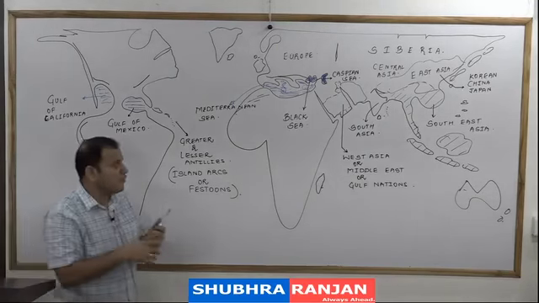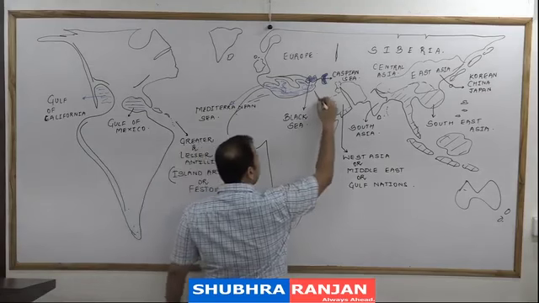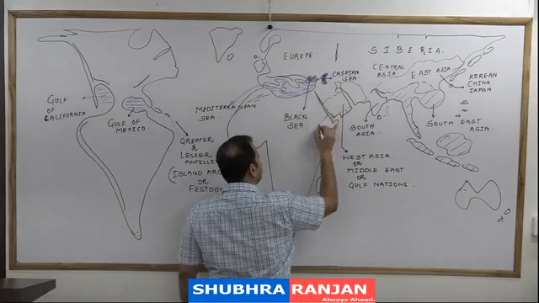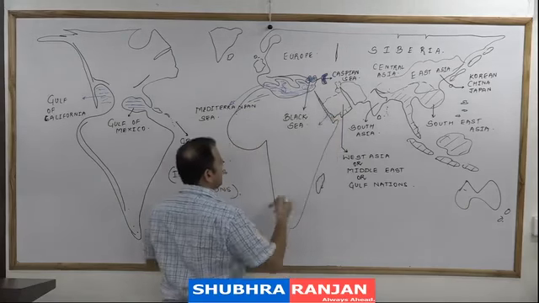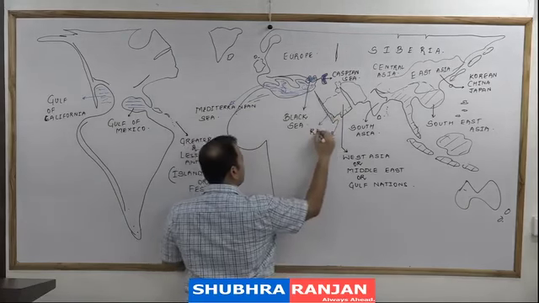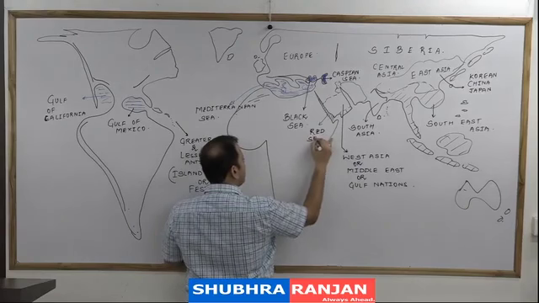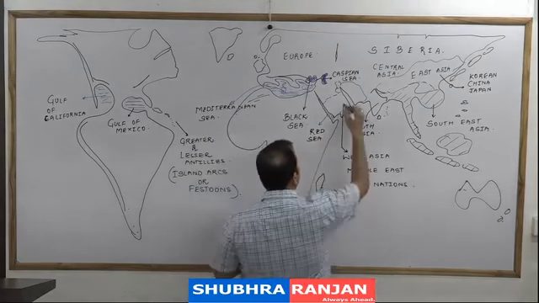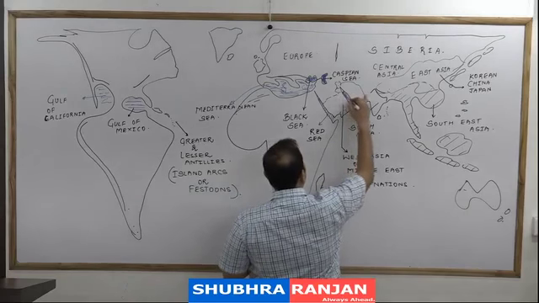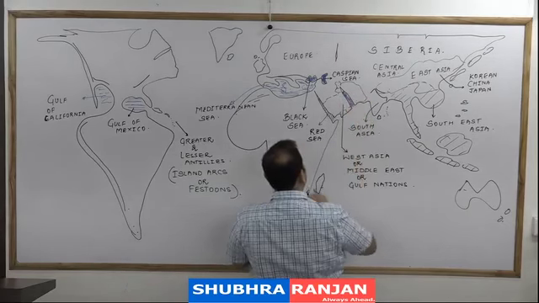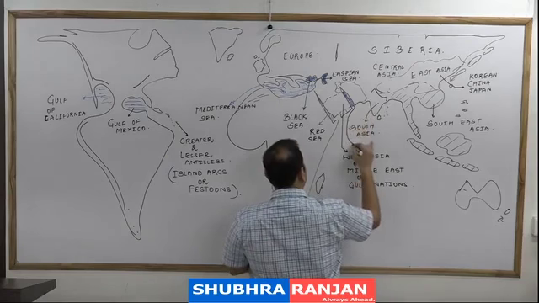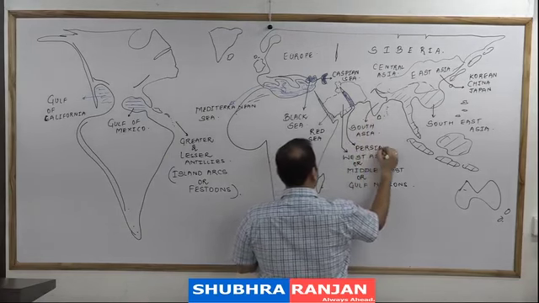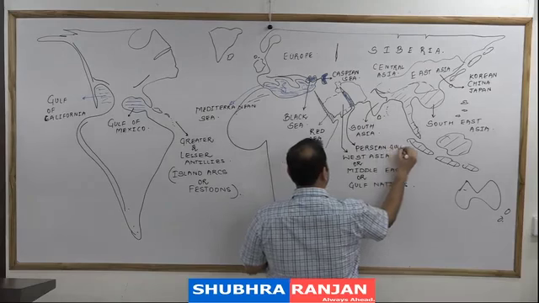नाउ बिफोर आई गो फर्दर, दिस पार्ट ऑफ वाटर इज व्हाट इज नोन एज रेड सी. And this part of water is what is known as the Persian Gulf. ये बार बार रिवाइज करते रहना पड़ेगा.